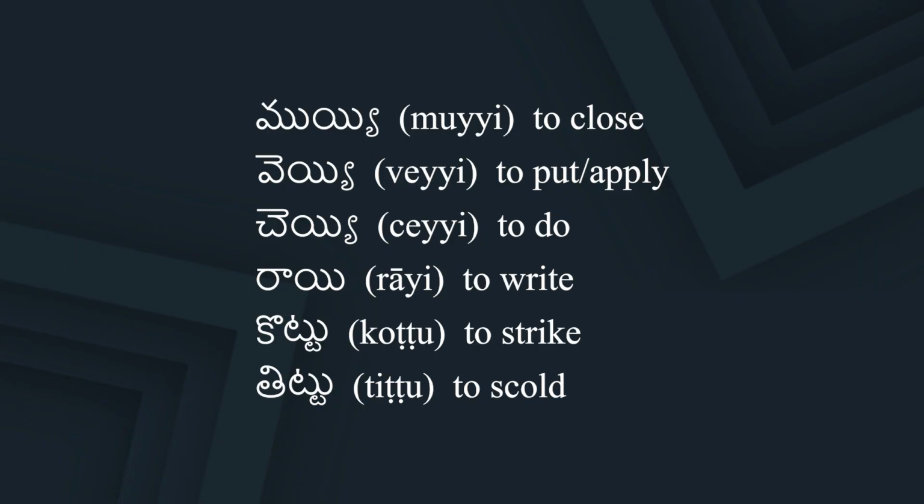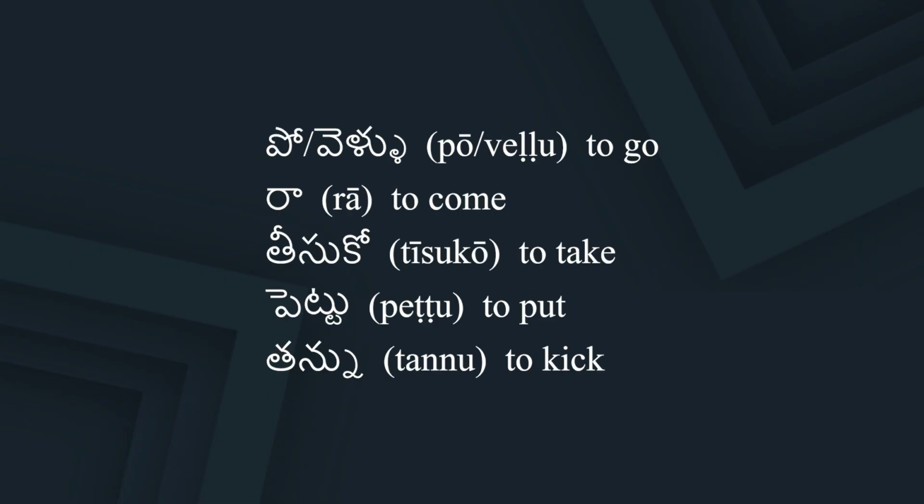Kottu, to strike. Tittu, to scold. Po or vellu, which means to go. Ra, which means to come. Teesuko, which means to take. Pettu, to put. Tannu, to kick. These forms serve as morphological building blocks for imperative constructions.